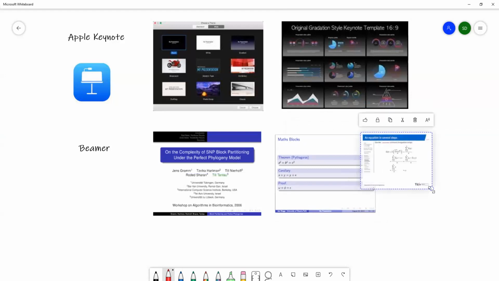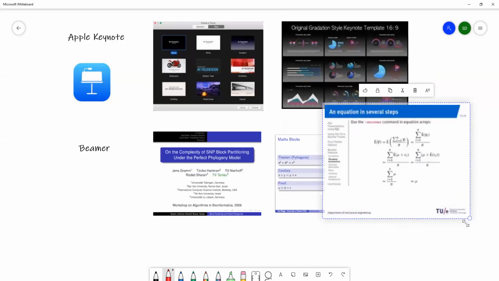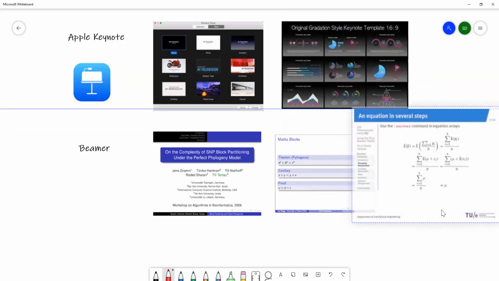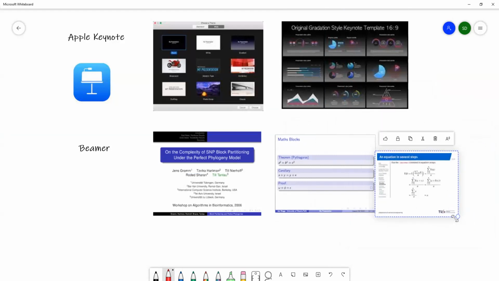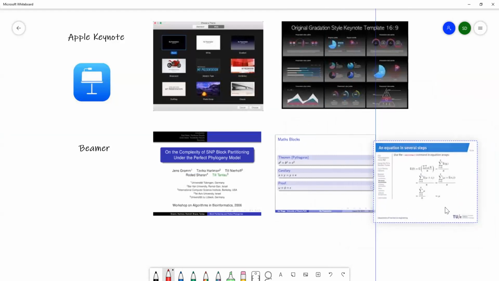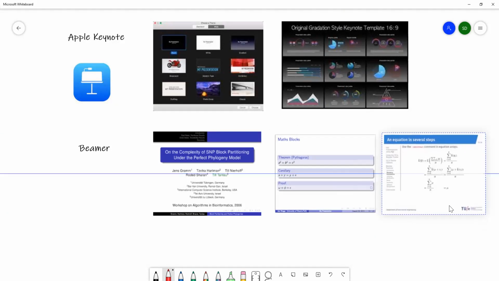So if you have a lot of very complex equations, you can use Beamer. It's quite popular with the scientists, the scientific community.